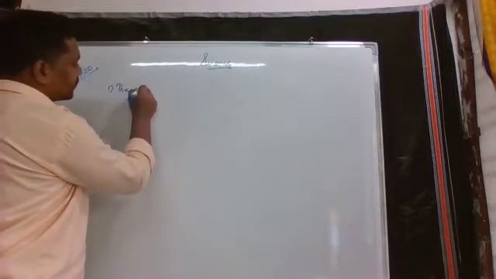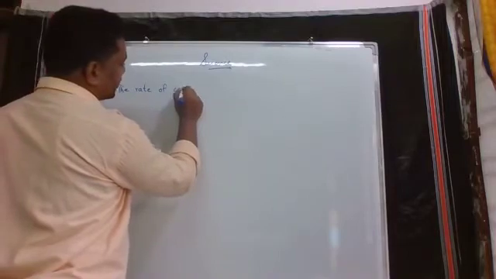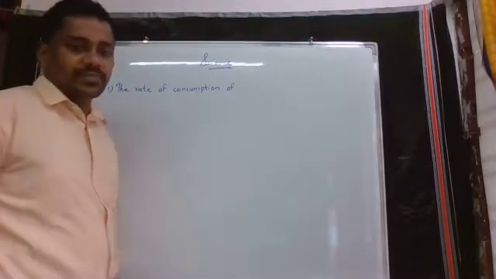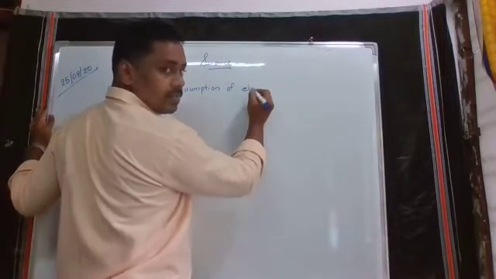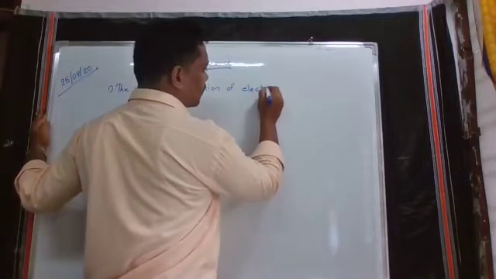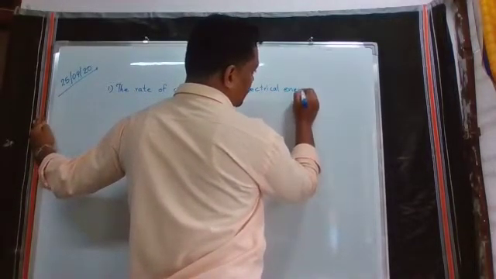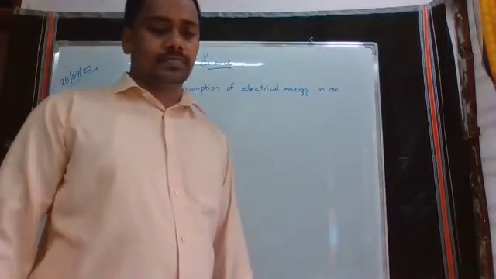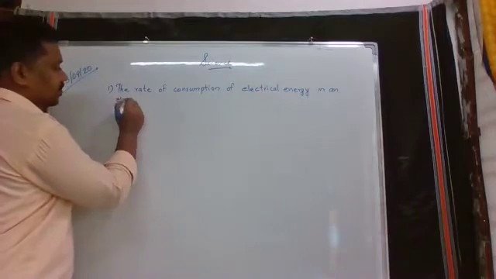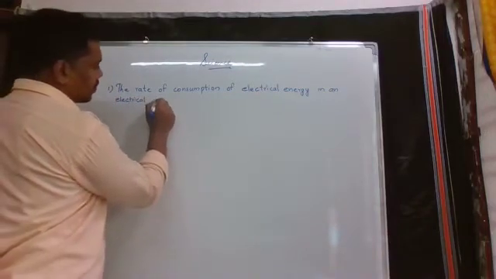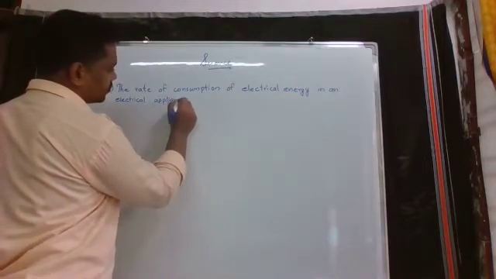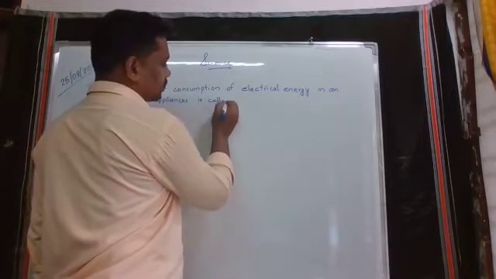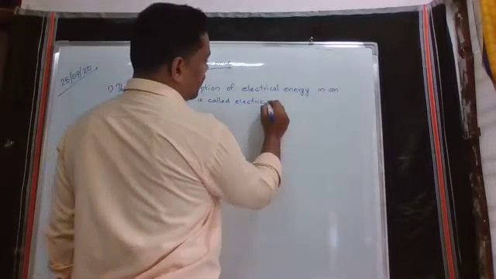The rate of consumption of electrical energy in an electrical appliance is called electric power.